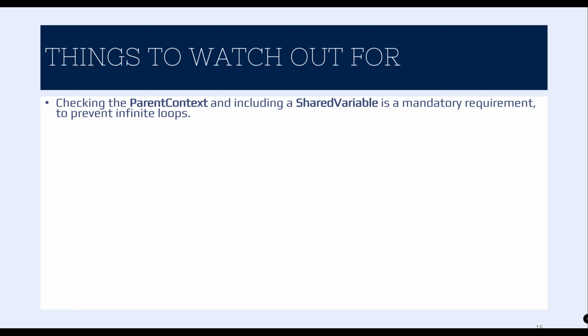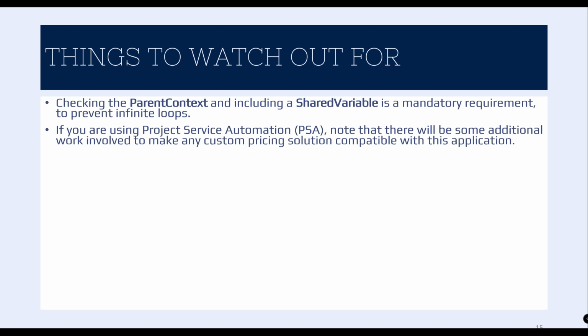The application is really good at recognizing when an infinite loop is taking place and will stop that before it runs forever, but you'll still get an error message in the application when this occurs. So having this logic in here to check the parent context is really useful, and you should make sure that's always included as part of your plugin code.